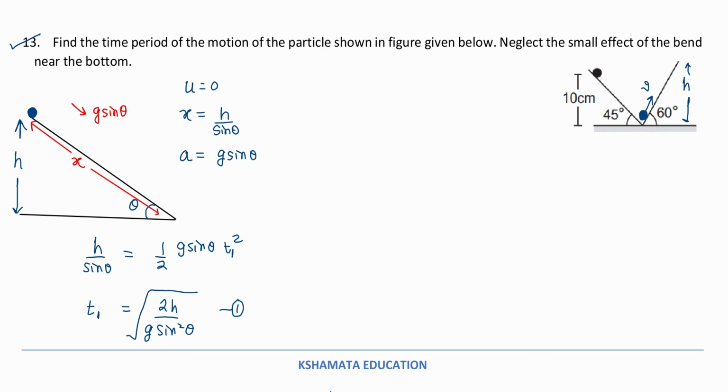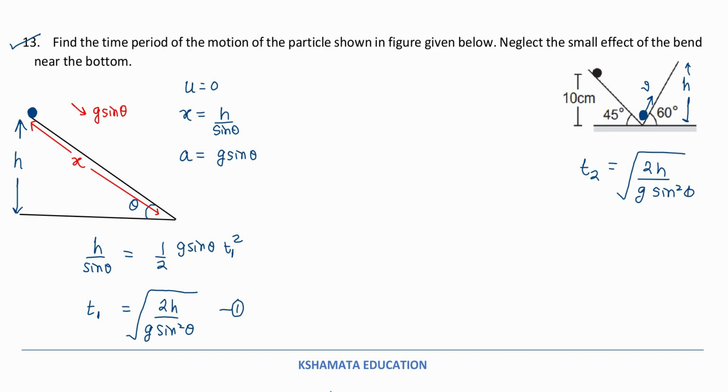So it will acquire the same height h if no loss of energy is taking place in the effect of the bend. If I consider this angle as phi, t2 will turn out to be the square root of 2h upon g sine square phi.